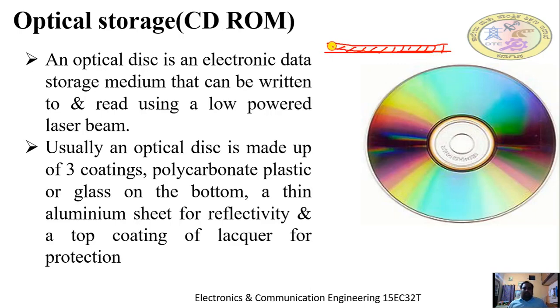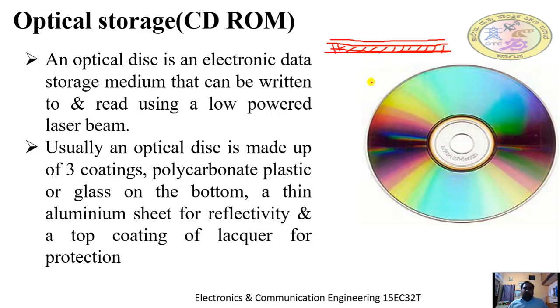On this layer, a lacquer, or you can say an organic dye, is coated, which is for protection from dust, as well as to keep it from getting rusted. So a lacquer is coated on the top layer. This is the construction of optical storage.